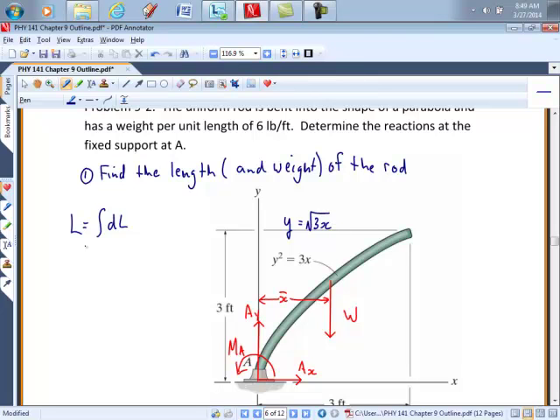Okay, and then our integral dl would turn into the integral of the square root of 1 plus dy dx squared, dx, and that would go from 0 to 3. What's dy dx?